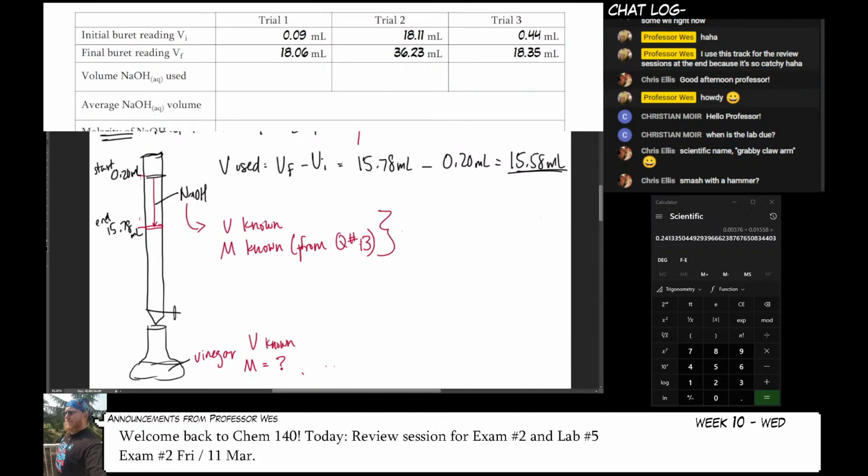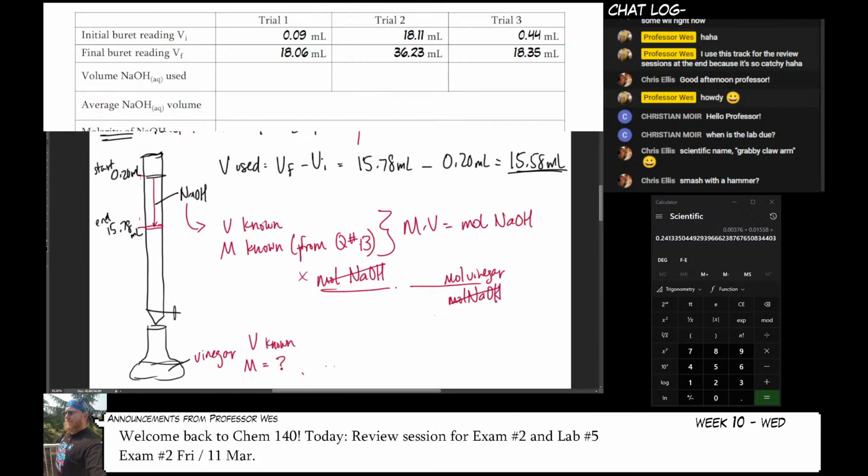And then you know molarity times volume equals moles. And then if you know the number of moles of sodium hydroxide, you know the number of moles of vinegar. So however many I calculate here.